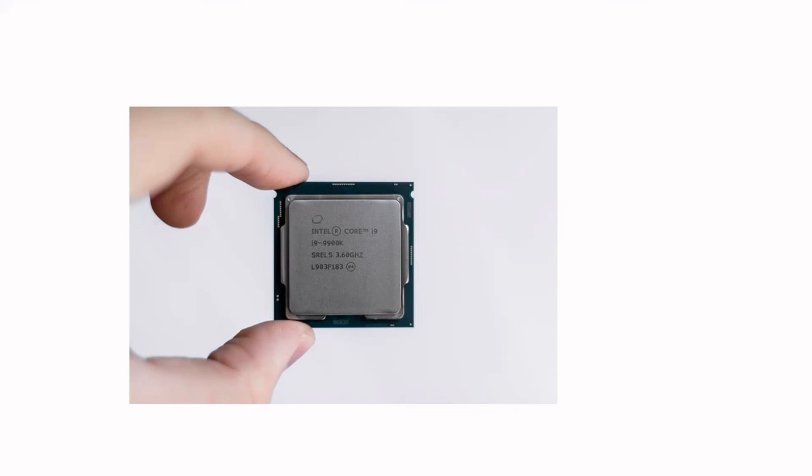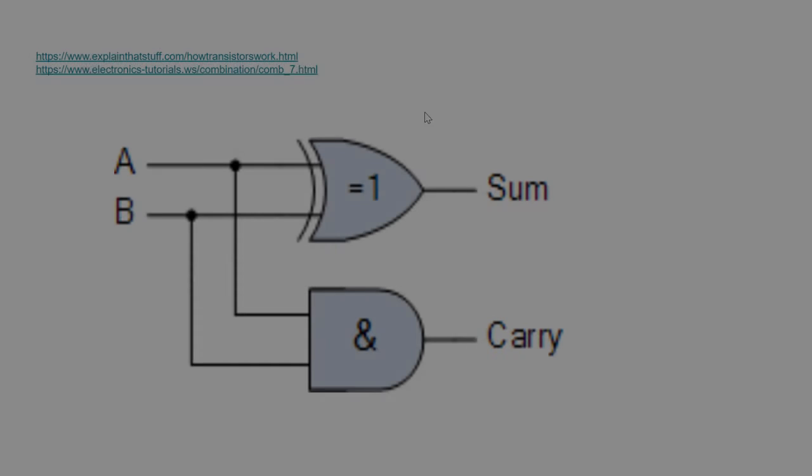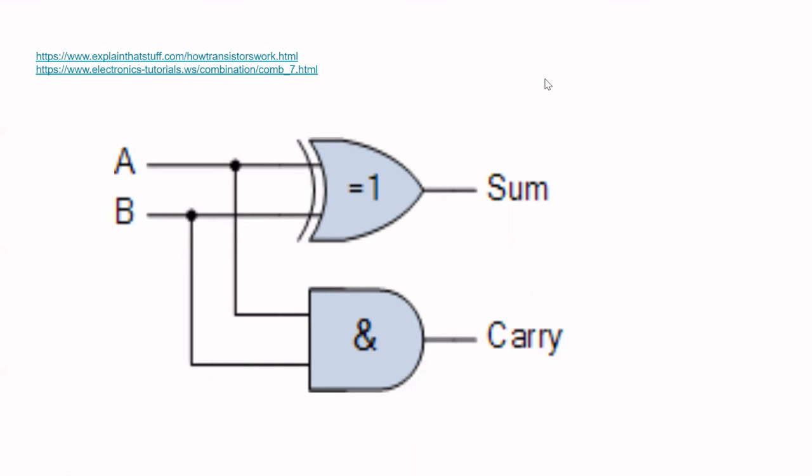I know it's crazy. The technology is so crazy, so cool. And before I forget, this circuit that we saw, this digital circuit, adds two binary digits, 2 bits. It is called a half adder. You will get to know more about the details in this reference link.